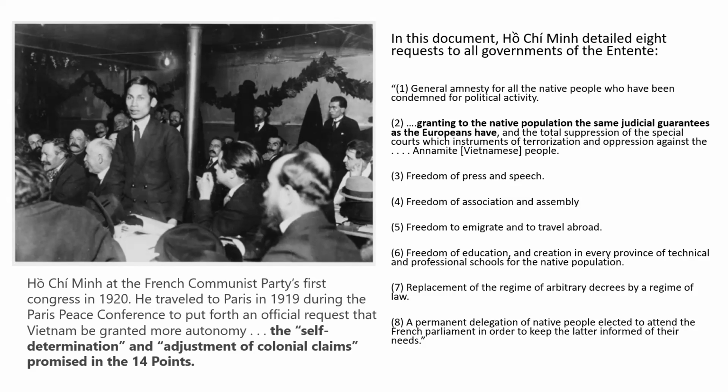Over here, this 8-point bulleted list talking about how the people of Vietnam should have the same like Bill of Rights guarantees as people in France. The same rights to a fair trial and the freedom of the press and freedom of speech and freedom to form political parties and freedom to travel and freedom to write their own political or educational curriculum. So really using the language and main ideas of the Enlightenment to inspire and justify Vietnamese independence.